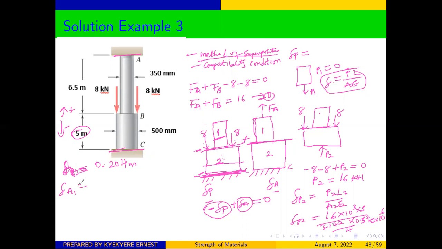So the delta A1 will be equal to, let us try to draw the free body diagram. So the section 1, if this is FA, sorry for that, this is FA. So what is down here can be P1. So FA will be equal to P1.